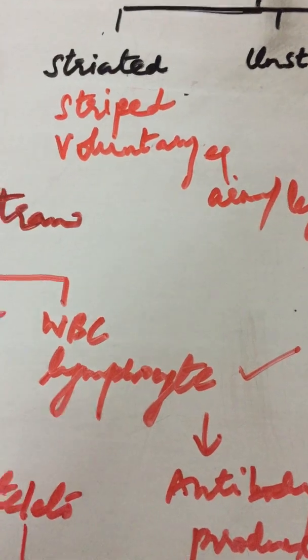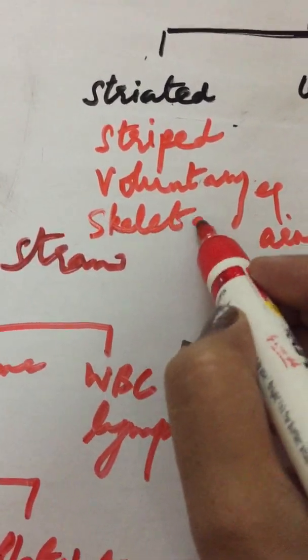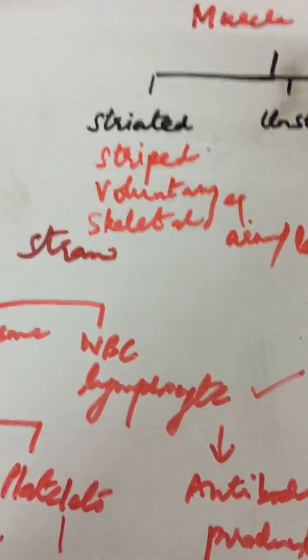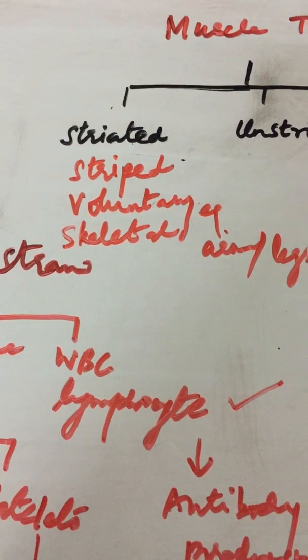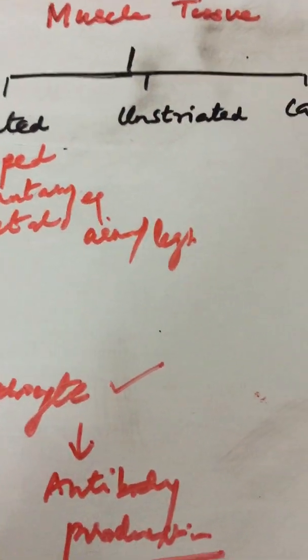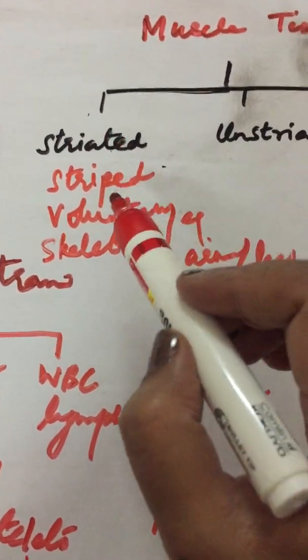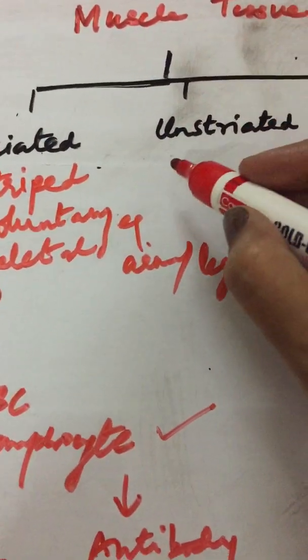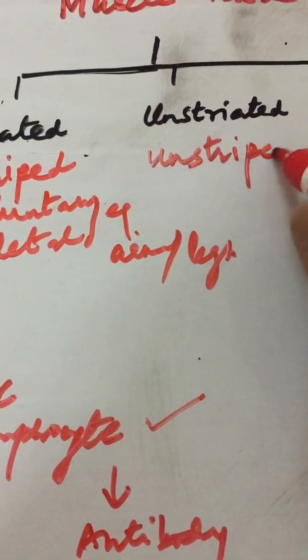That is why voluntary. They are also called skeletal muscles because they are found attached to the skeleton. So various names are there and every name has a significance. Next we have unstriated. Now you can put 2 and 2 together. If striated is striped, unstriated would be unstriped or without stripes.